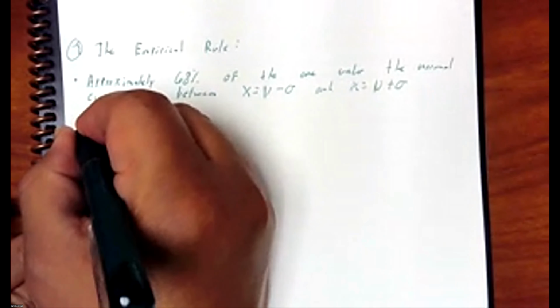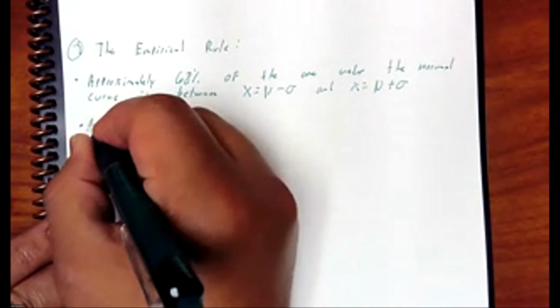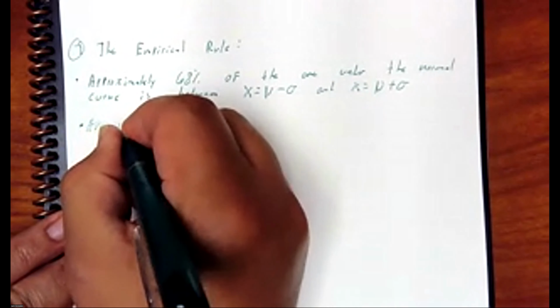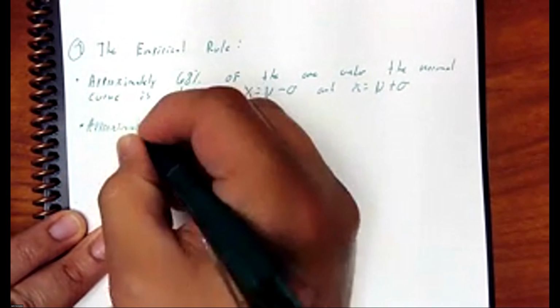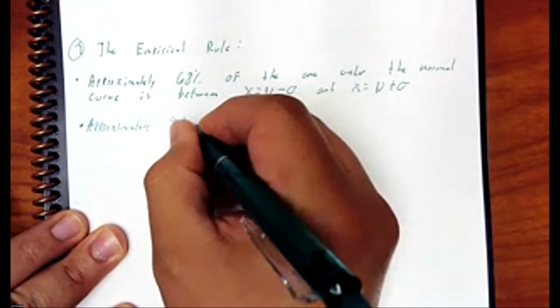If you go out 2, you'll have approximately 95%.